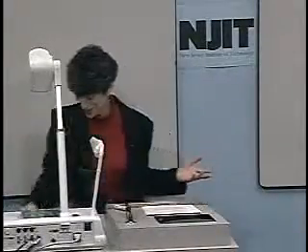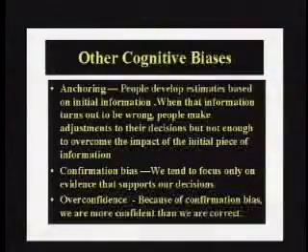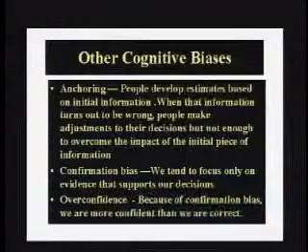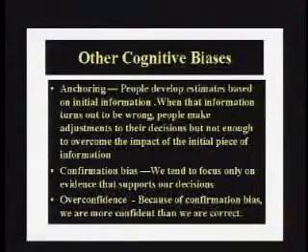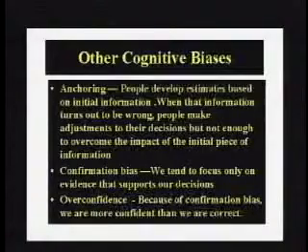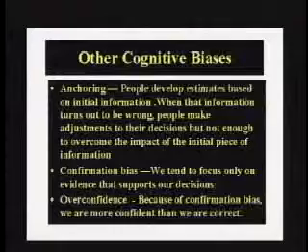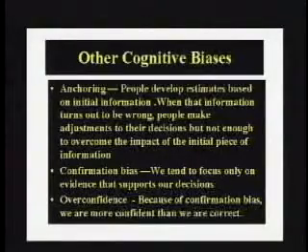But that's not all. It's amazing with all of this that we ever make a good decision. We engage in a host of other cognitive biases as well. One of the problems we have is anchoring. And here we develop estimates based on some initial information. And then when that initial information turns out to be wrong or it changes, we have to adjust our decision.